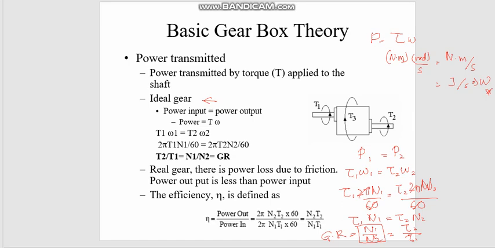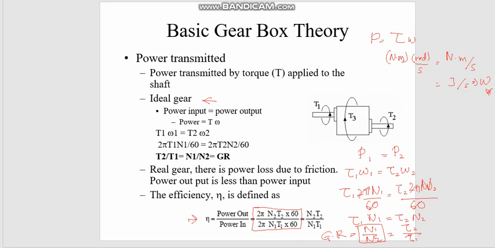And I can define the efficiency as this equation, right? So again, if you look at the calculation of power equals tau times omega, for power out it is tau 2 times omega 2, divided by tau 1 times omega 1.